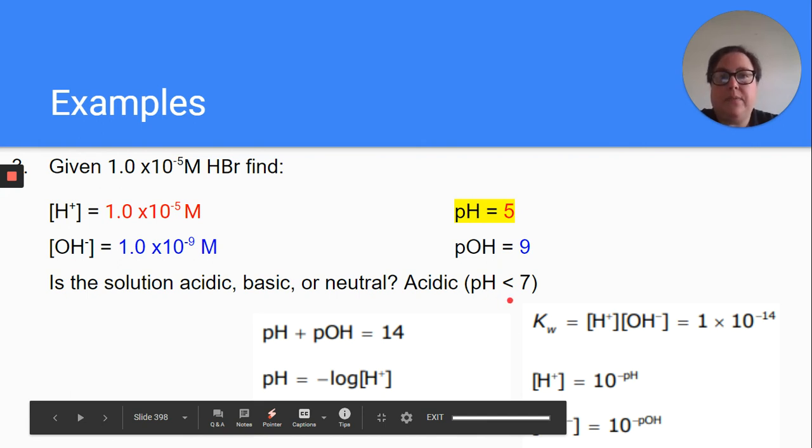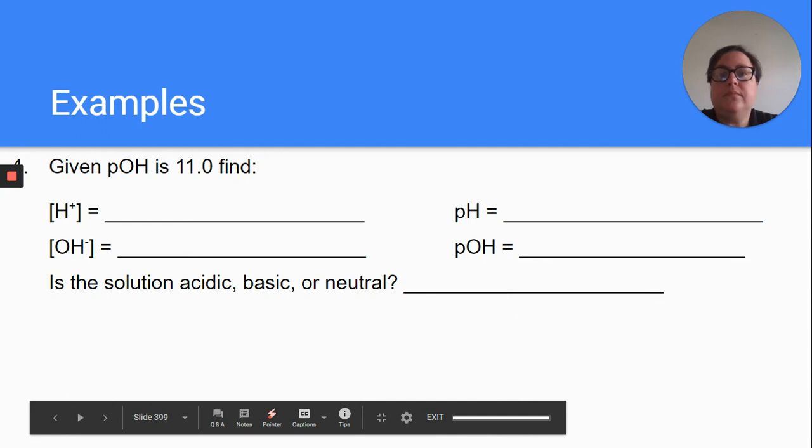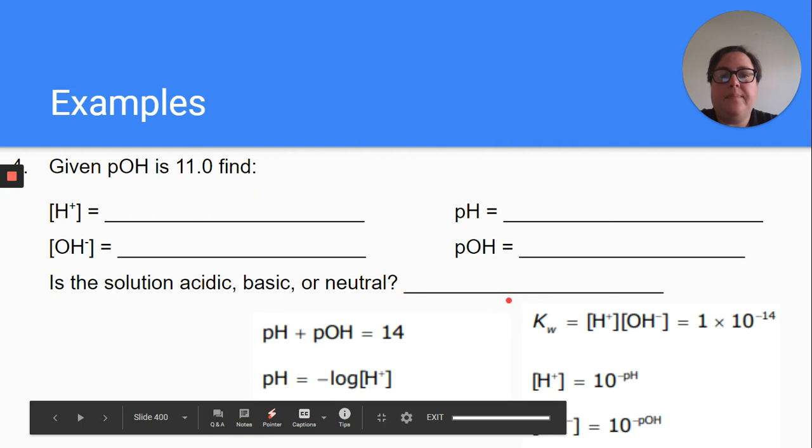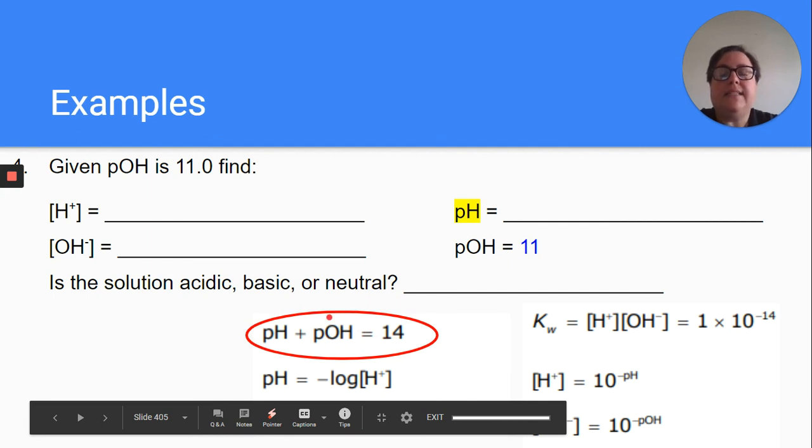Let's do one more example. Here we're given a pOH of 11. There's our equations given to us on page 3. So our given is pOH, so we can go ahead and fill that out as 11. To find pH, we're going to add them together to equal 14. So if I already know pOH is 11, 14 minus 11 tells me that my pH is going to be 3.